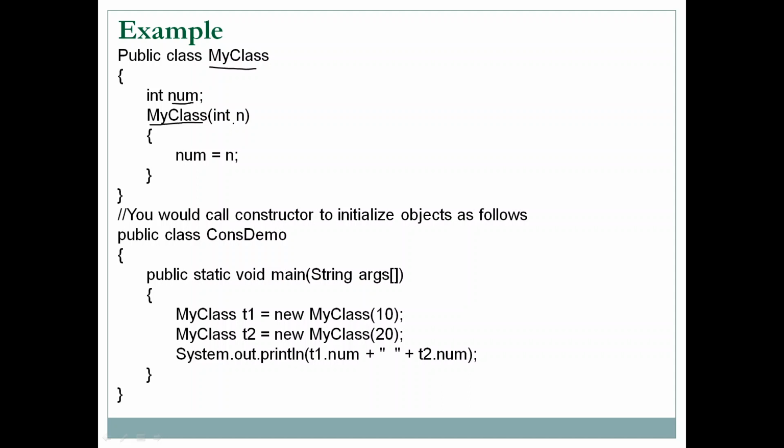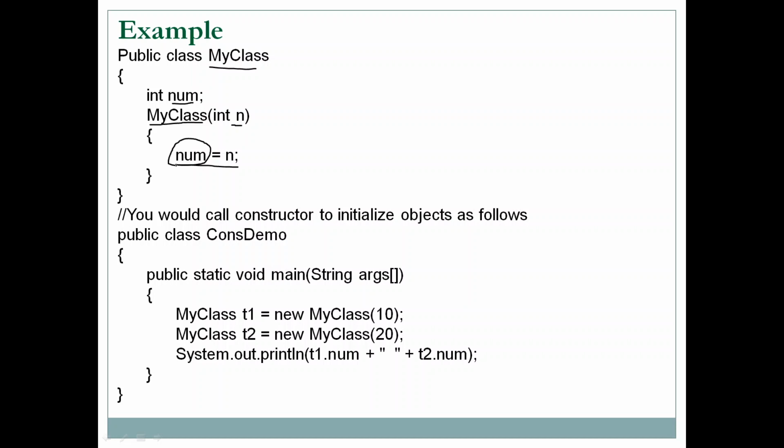This constructor takes one argument, int n. In the body of the constructor we have one statement, num equals n. That means we are giving a value to the variable num.